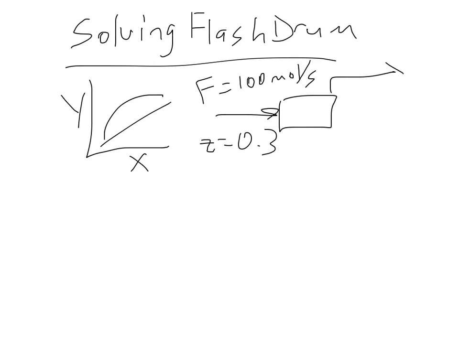Then we have two flow rates and two concentrations, L and X. And we may be given some specification that V over F is equal to 0.3. We would like to solve for V and L, Y and X.